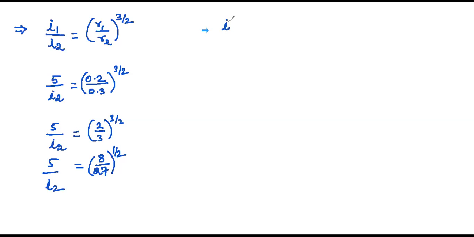This is I2 divided by 5 is equal to 27 by 8, and I am keeping it under root. So therefore, the current at which this will blow off is 5 square root of 27 by 8.